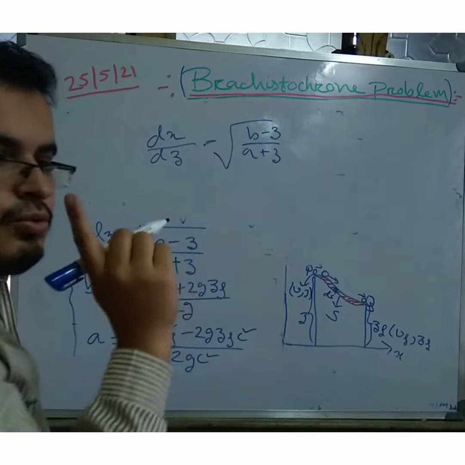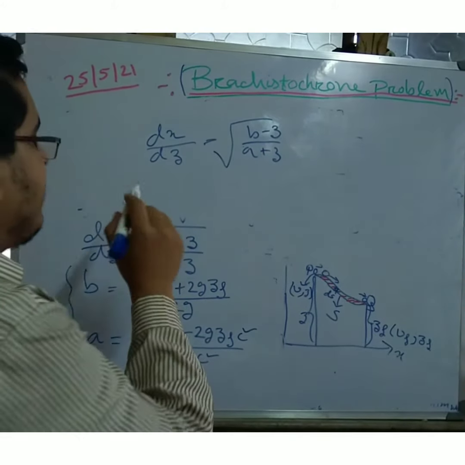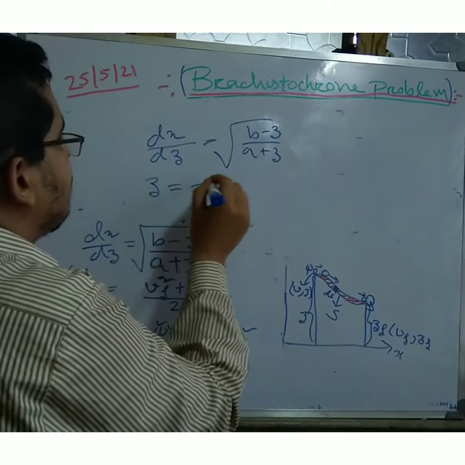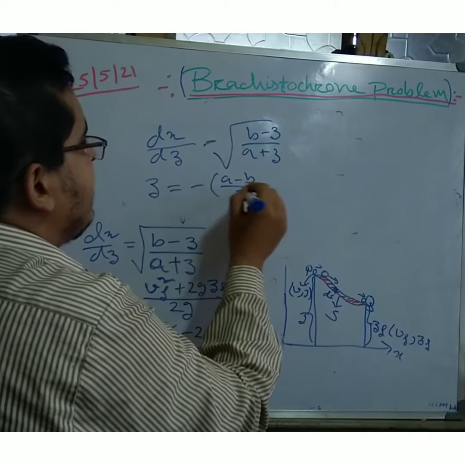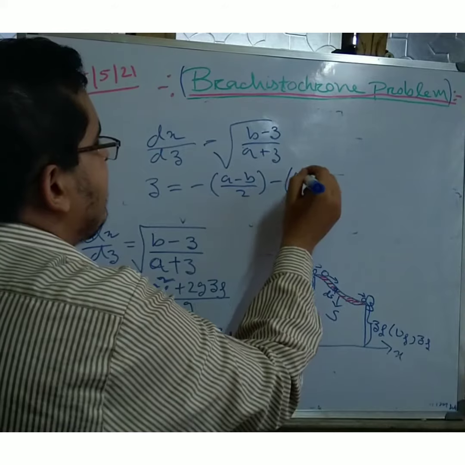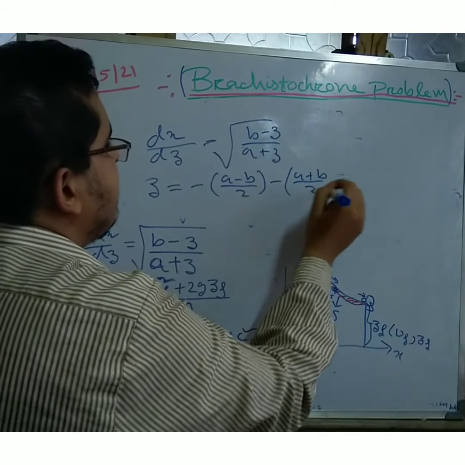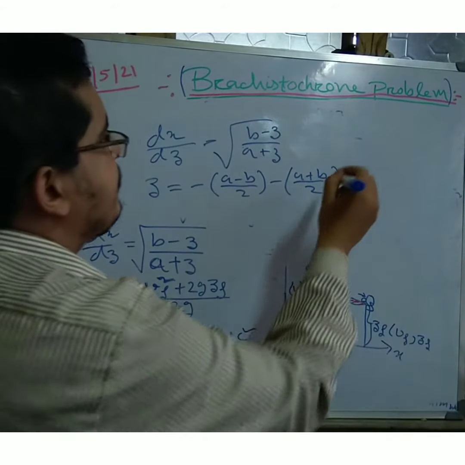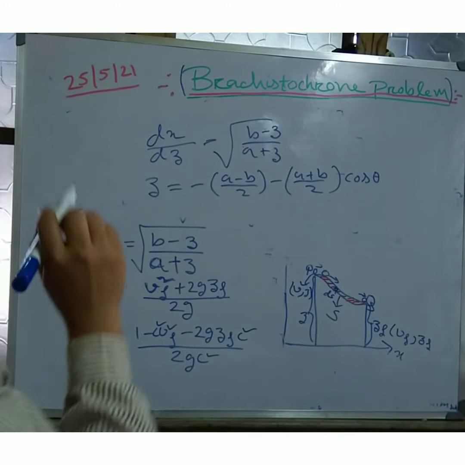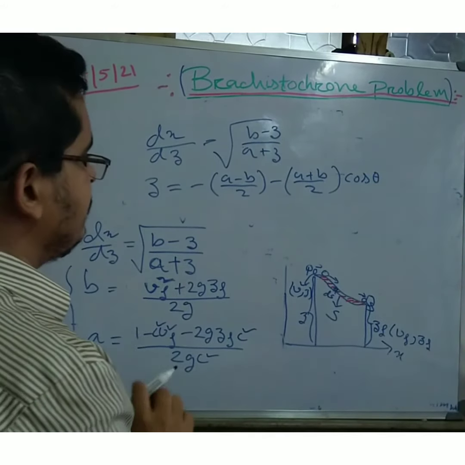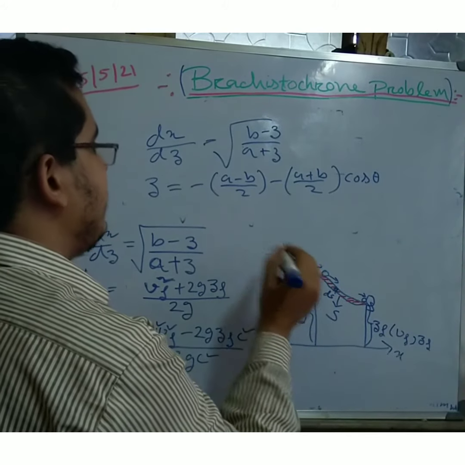So friends, the rule of the integrations, whatever you know that j equals to minus a minus b divided by 2 minus a plus b divided by 2 cos theta. This is the formula of the j. So friends, I am just putting the value in here.